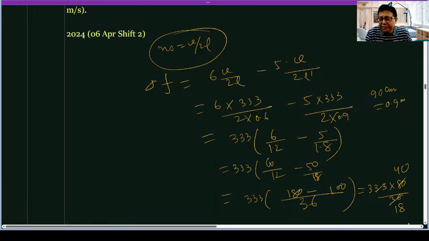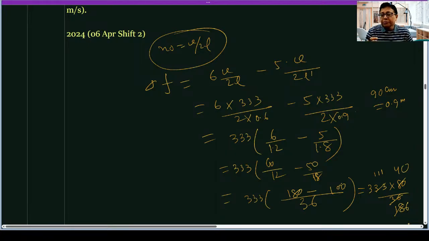But I am not getting an integer, some mistake is done. Recheck: 6 into 333 by 2 into 1.2, 5 into 333 by 2 into 0.9. So 60 by 12, 50 by 18.